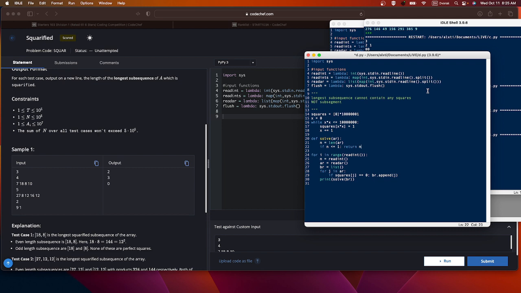Okay, now we have to figure out the longest subsequence. What we do know is if we have a chain of A, B, C, D, if AB is square and CD is square, then ABCD is a square.